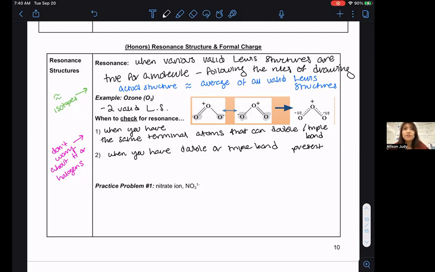Oh look, I have a bunch of phosphorus or nitrogens, right? If you don't have all the same terminal atoms, but you do see a double or triple bond present in general, you might want to check if, following the rules, there was another way you could have redistributed those electrons. So the big clue is same terminal atoms and a double or triple bond.